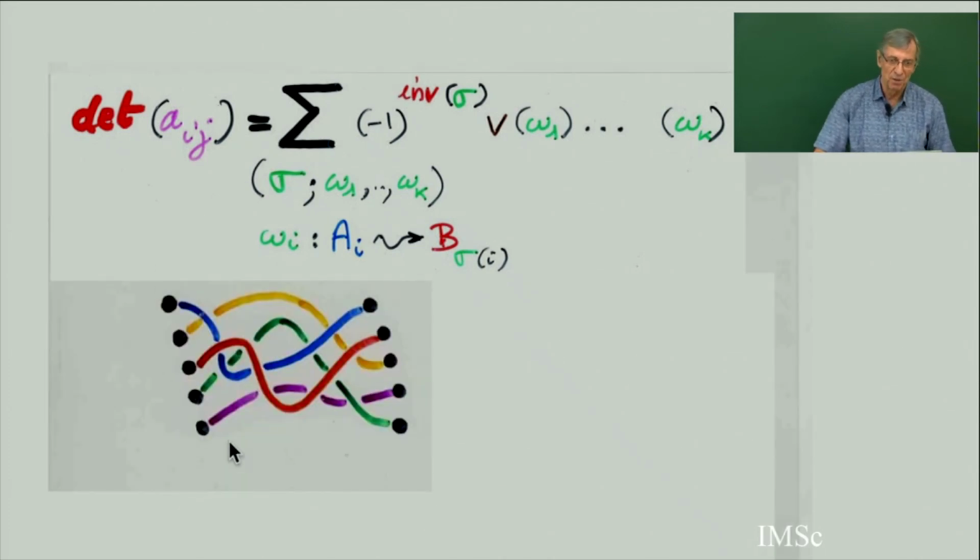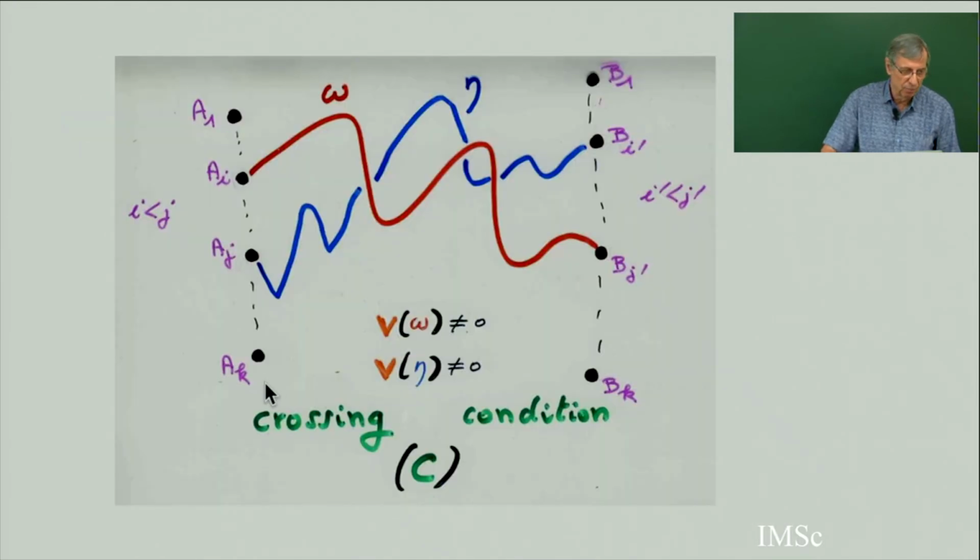So visually, you have this picture, you see. You have all these paths. You have a certain permutation going from the K starting points to the K ending points, a certain configuration, and you have a big summation where some terms are plus, some terms are minus. And there will be the so-called crossing condition.